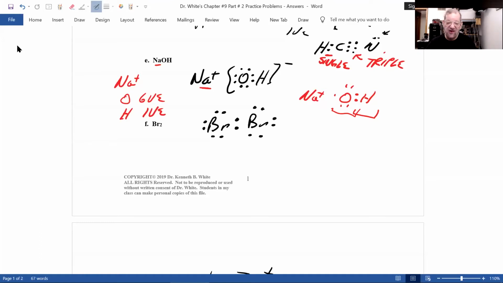Well, it actually has 8, because the electron from the sodium, to make the sodium cation, goes to the oxygen, and now you form the hydroxide anion. Sodium hydroxide has both an ionic bond between the sodium and the hydroxide polyatomic ion, and a single bond between the oxygen and hydrogen. Boy, that's pretty complex.